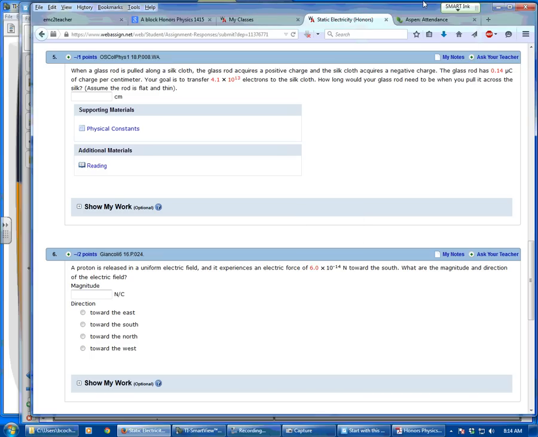All right, we're going to do number 5 here. When a glass rod is pulled across the silk cloth, the glass rod acquires charge. Very, very similar to the last one, in that we're talking about an object being charged. And of course, objects are charged by moving electrons, never moving protons.